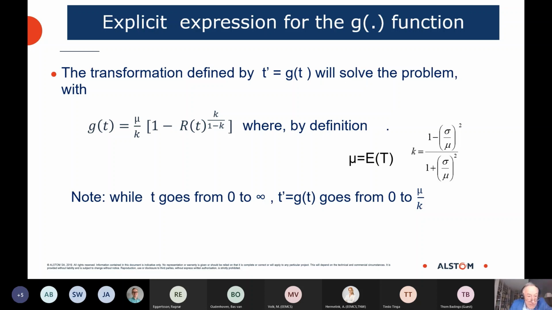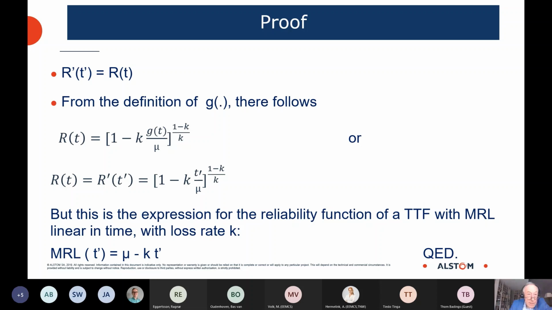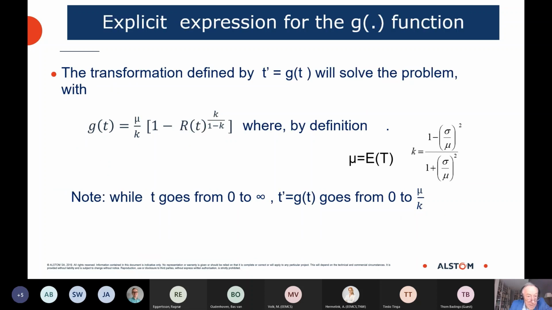The proof of this is actually straightforward, because in the image space, the reliability distribution is the same as the initial reliability distribution. From the definition of G, which we have just taken there, we derive R of t.